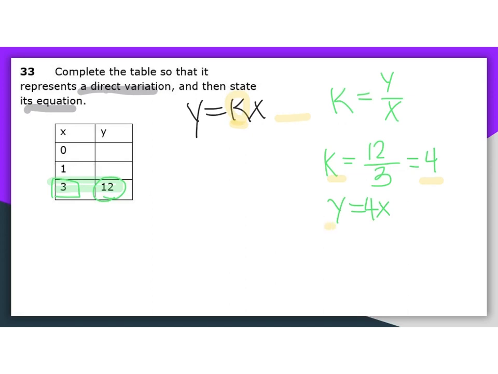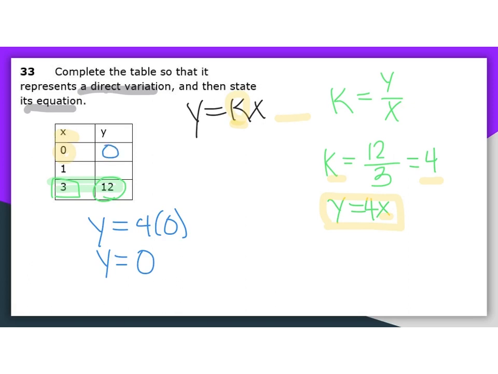Now that we have an equation, we can go ahead and find our missing values by substituting the x values. So the first x value that we're going to use is 0. 0 is going to go in place of x. So I have y is going to equal 4 times 0, and 4 times 0 is 0.